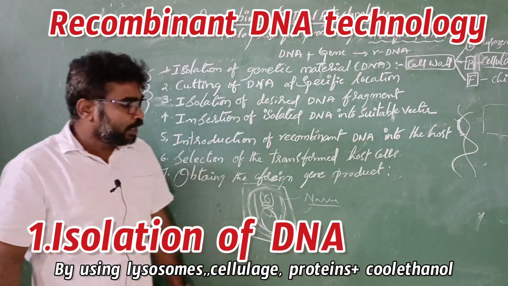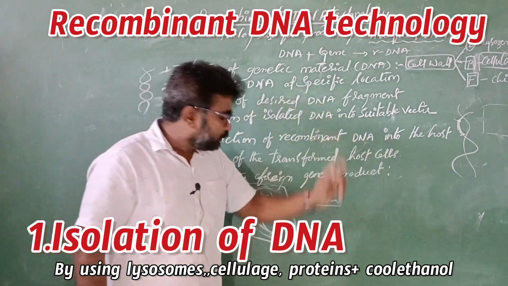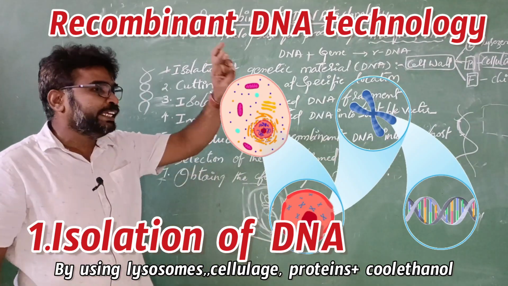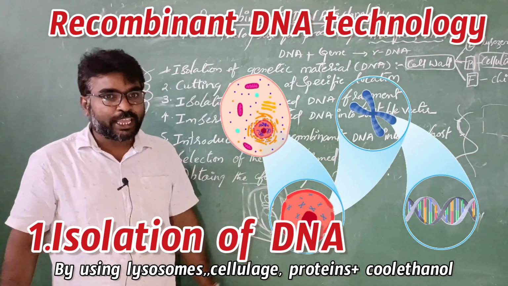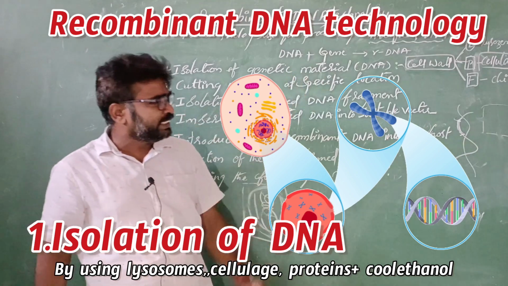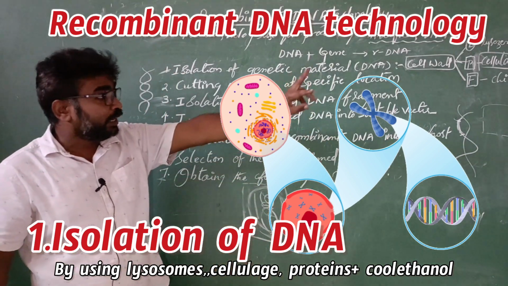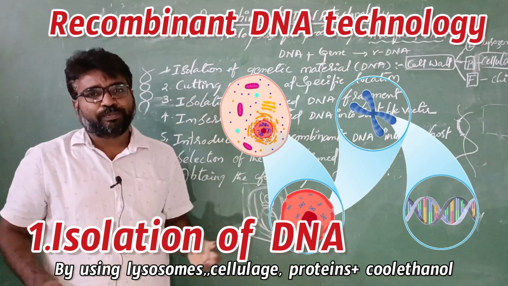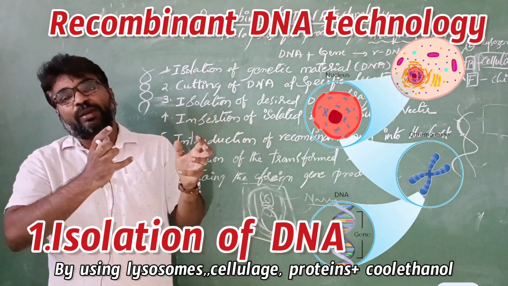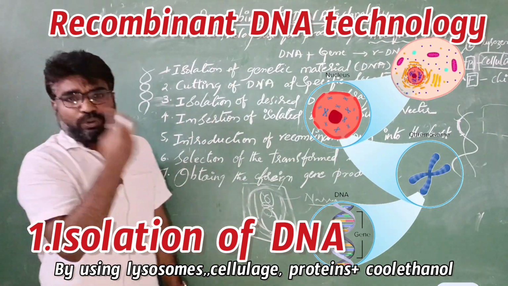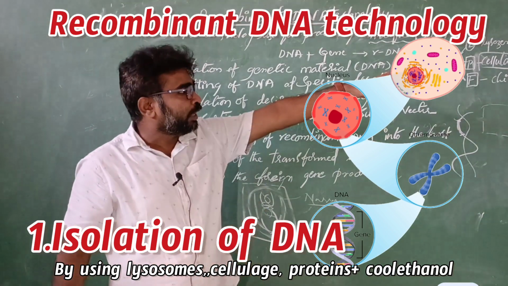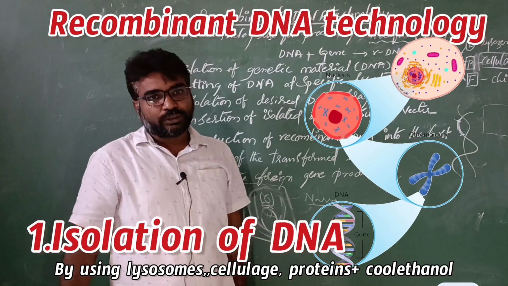My dear friends, now the chromosomes are present. In the chromosome, DNA is present. When we are using RNase and protease, the DNA which is surrounded by some proteins, those proteins are also destroyed when we are using protease.